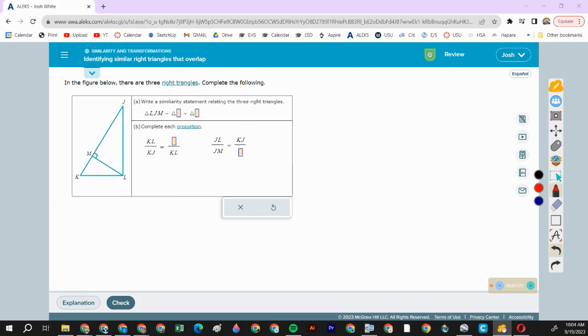All right, over here, JL and JM. So we're dealing with the medium triangle. This is the long side, and this is the medium side.